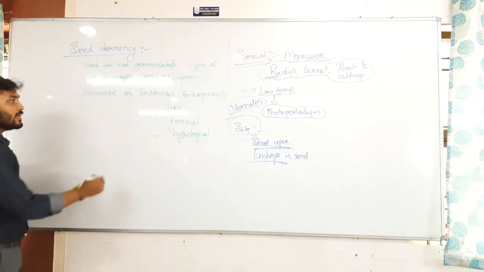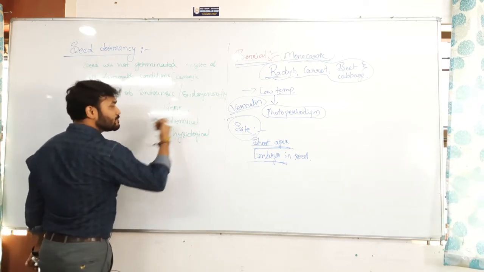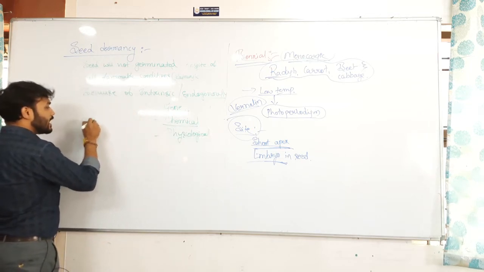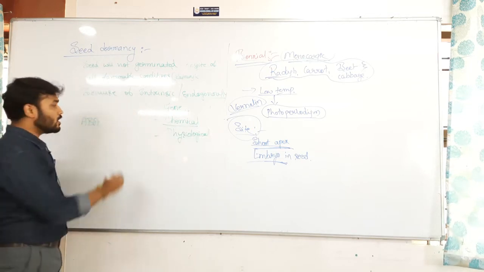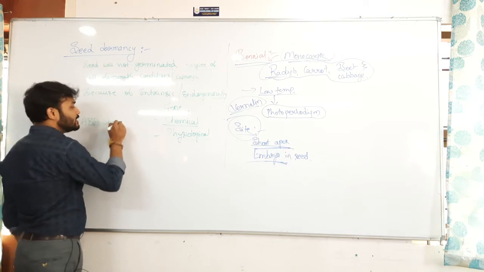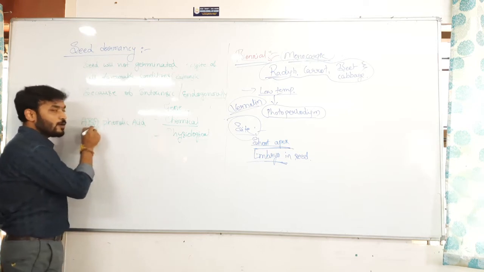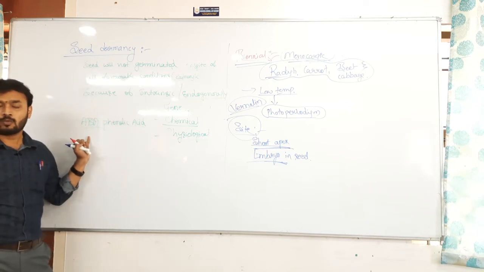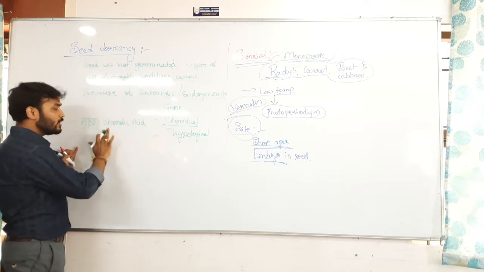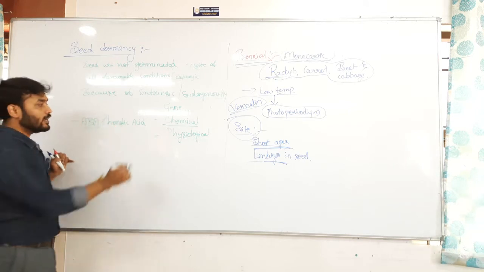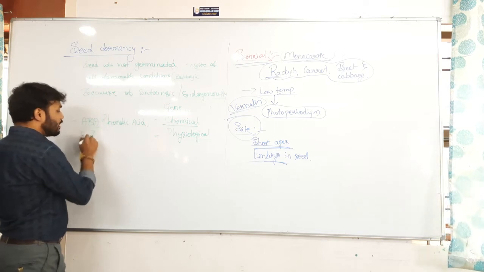Then what are they? As I said, genes and chemicals, which may be hormones like abscisic acid or phenolic acid. This is very important. Abscisic acid, we already know, is a dormancy-bringing hormone. Along with that, phenolic acid, and along with that, para-ascorbic acid.